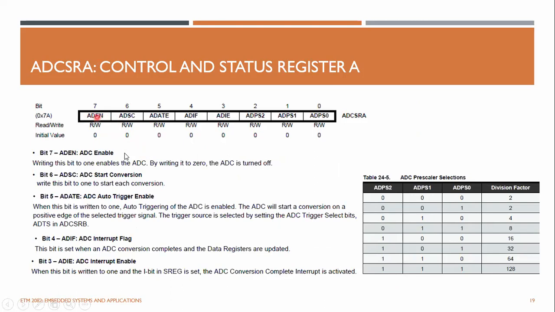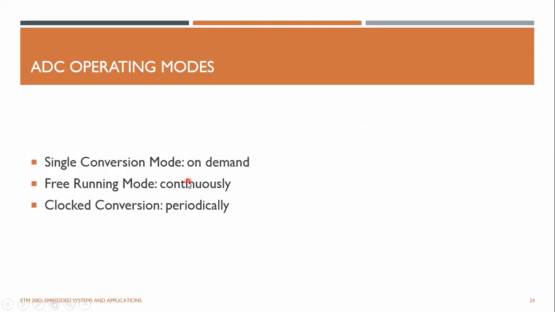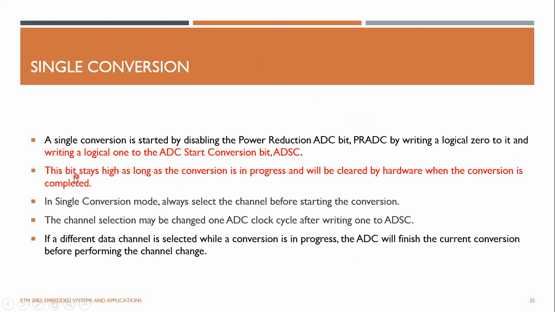You have to set the enable bit and then the start conversion bit, then the conversion will be done. Once you set it, this bit stays high as long as the conversion is in progress and is cleared by hardware once the conversion is done. So this is how you know whether the conversion is still running or not, right?